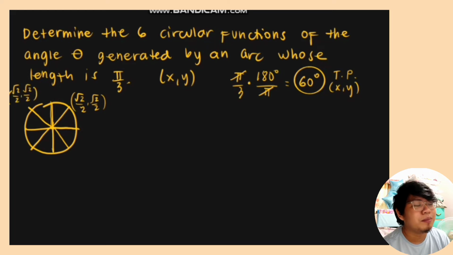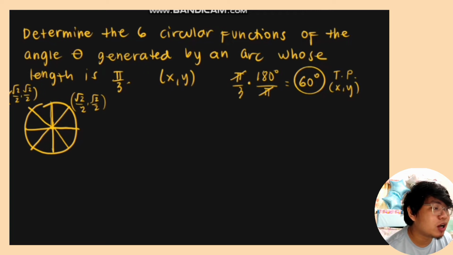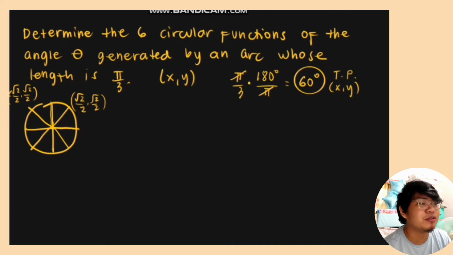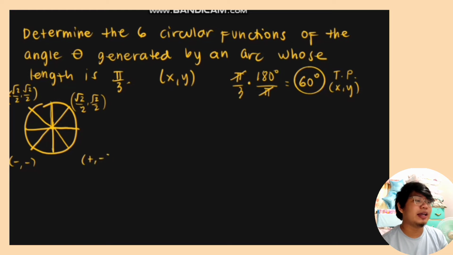Pero this time, meron tayong minus, ang symbol natin dito is x is negative, y is positive. So, negative square root of 2 over 2 yung value ni x. Ganon din dito, pero sa side na to, sa third quadrant, meron tayong parehas na negative sign. And then, dun sa fourth quadrant, meron naman tayong symbol na positive x and negative y.